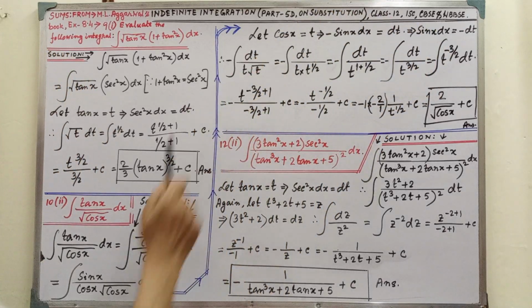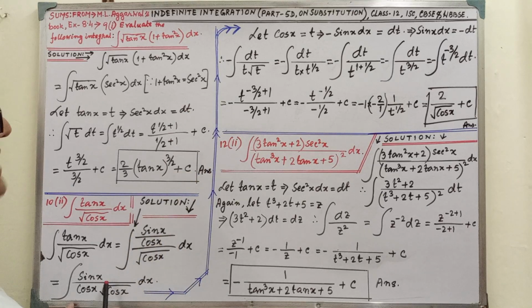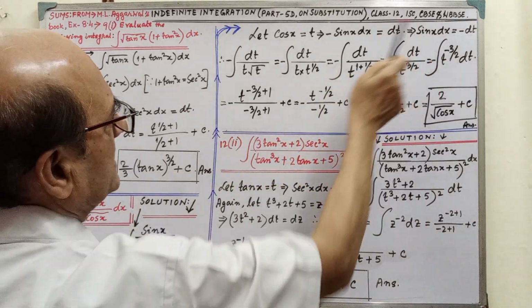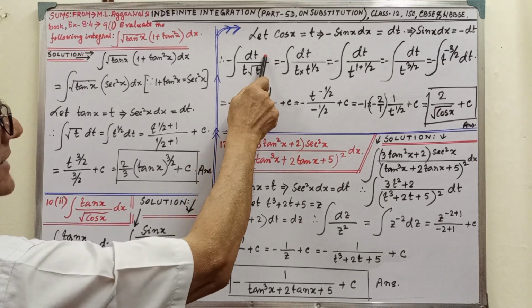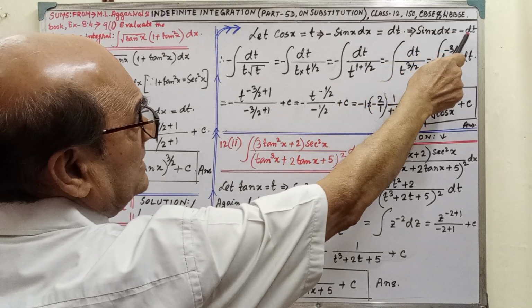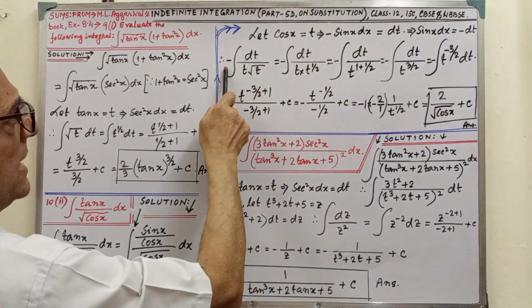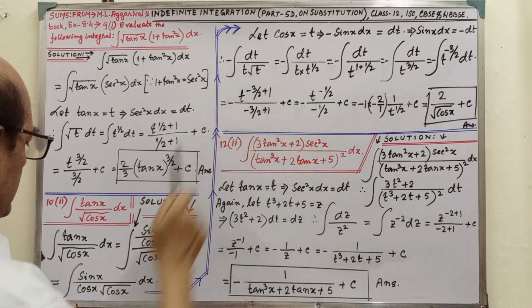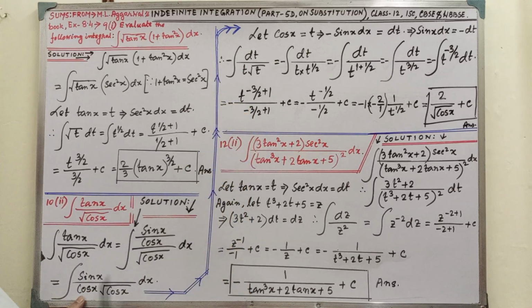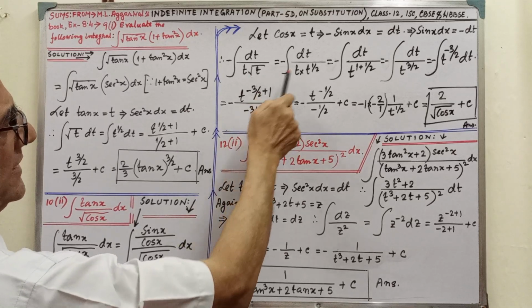Now we have to substitute sin x dx. In place of sin x dx we have to write minus dt. This minus we are taking outside of the integration, and then cos x equal to t, and root over cos x is root over t.